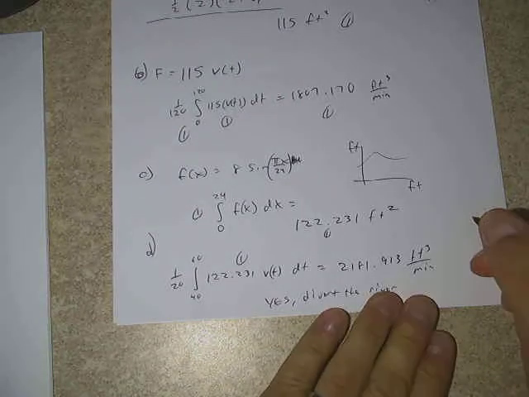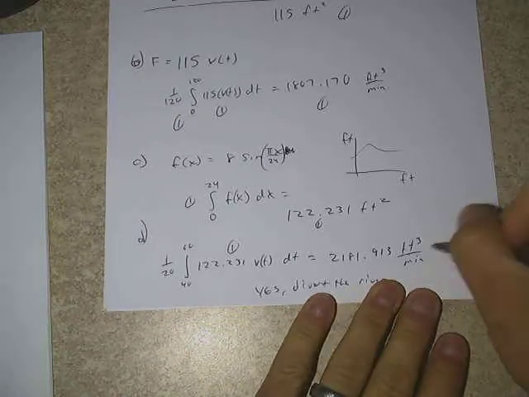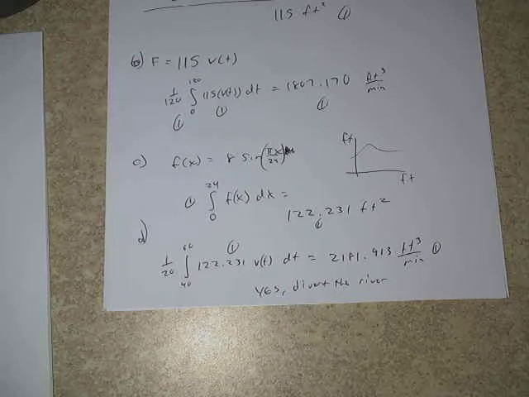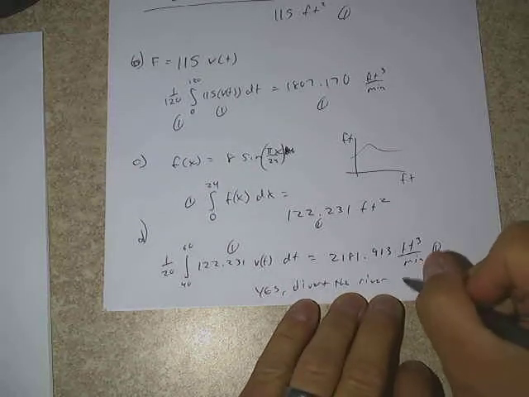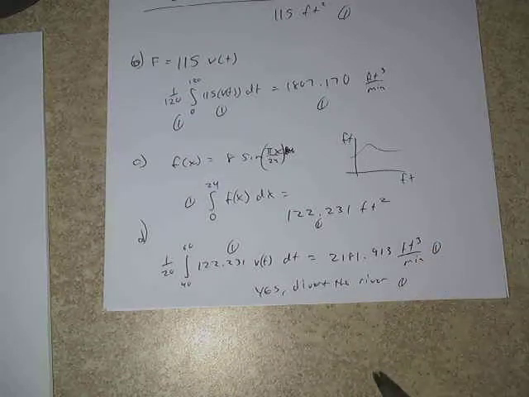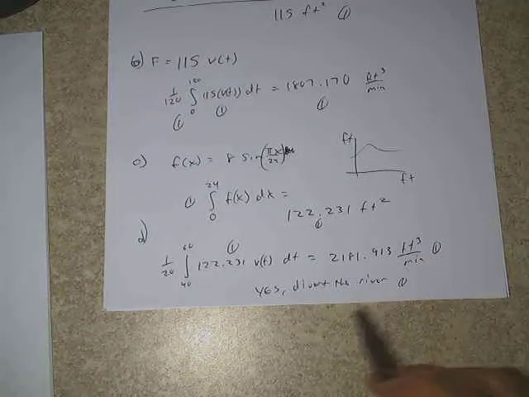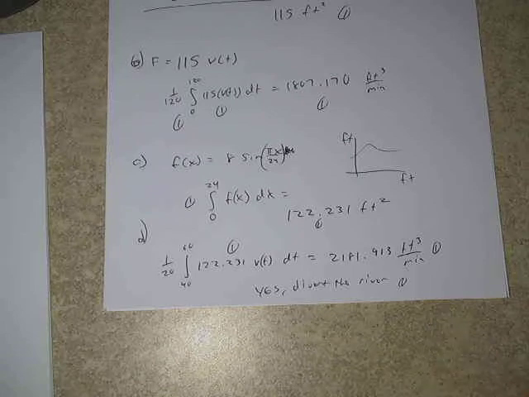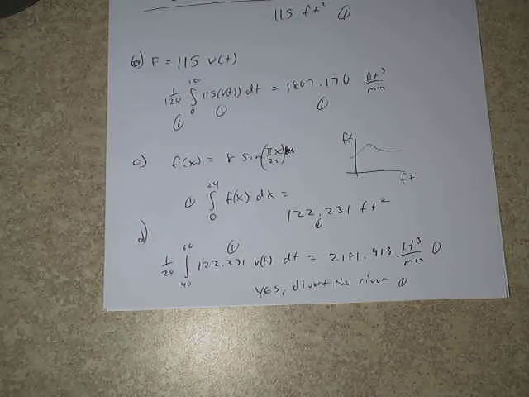So if we type that in, you can type that in on your own, just for time's sake, we get 2181.913 cubic feet per minute. So what could be said about that time 40 to 60, that the volumetric flow is too big or good to go? So the river needs to be diverted if it's over 2100, so this is what? It's too big. So we would say yes, divert the river.